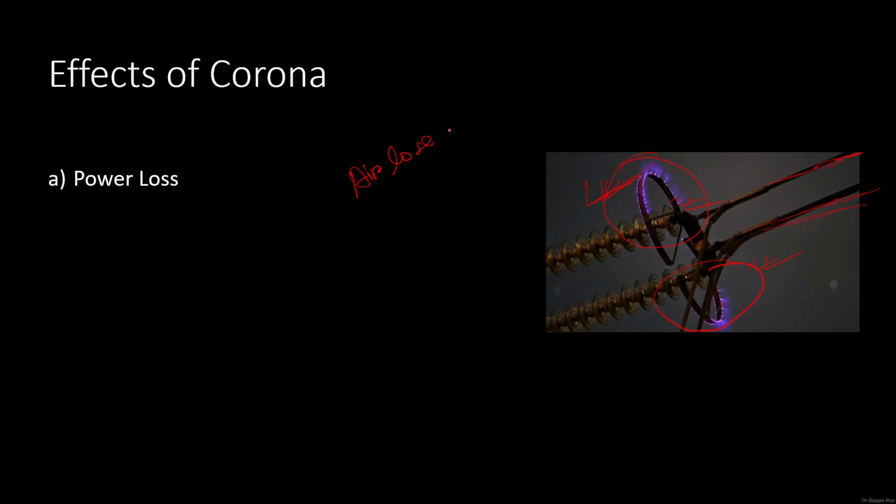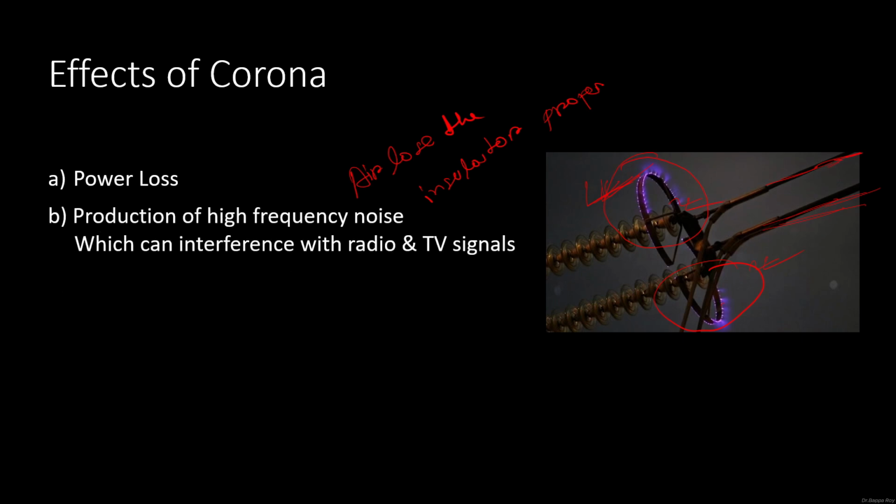It produces high frequency noise which can interfere with radio and TV signals. Then it produces ozone gas. Ozone gas, I think you have heard about it at school level.